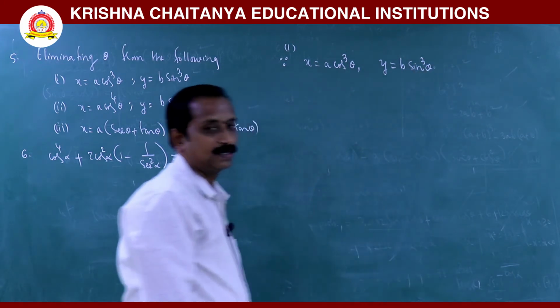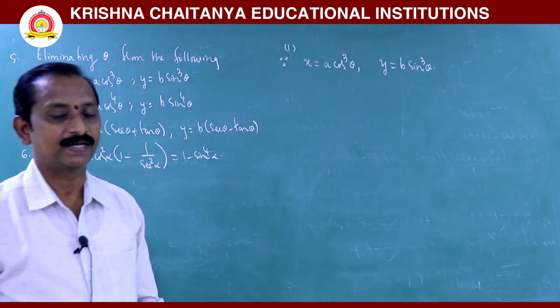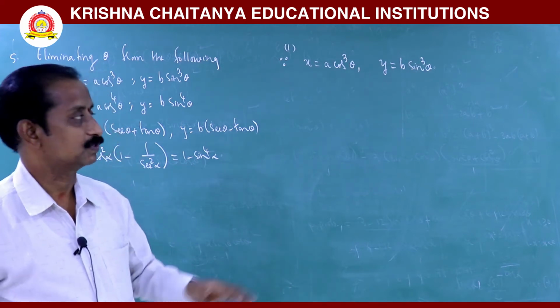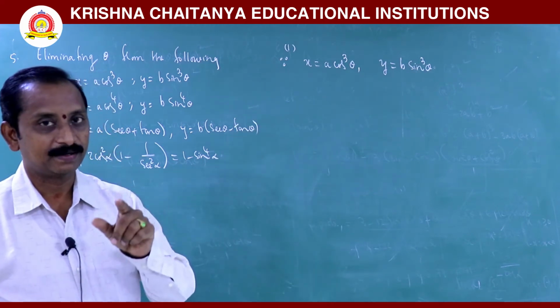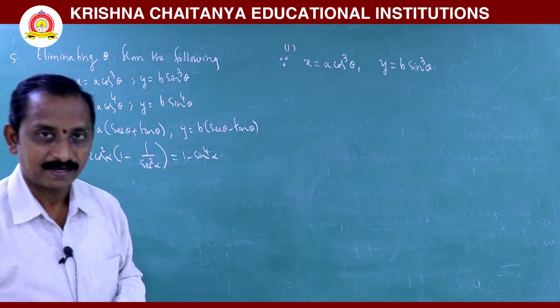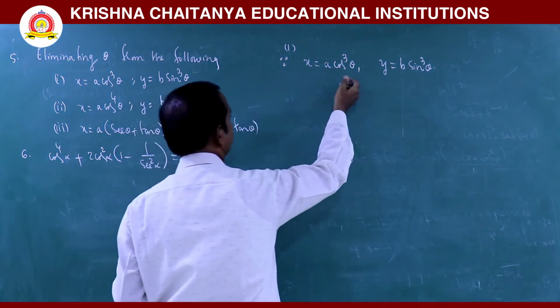We know how to eliminate sin theta and cos theta: just use an identity. What is the identity? Sin square theta plus cos square theta is equal to 1. From the equations we can calculate the values of cos theta and sin theta, and then apply the identity to eliminate theta. So how to get sin theta and cos theta from the equations?